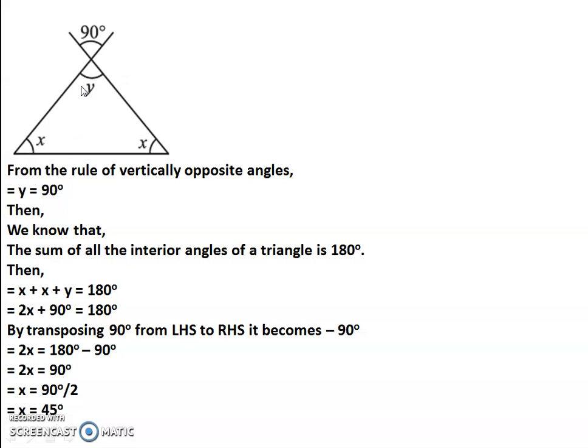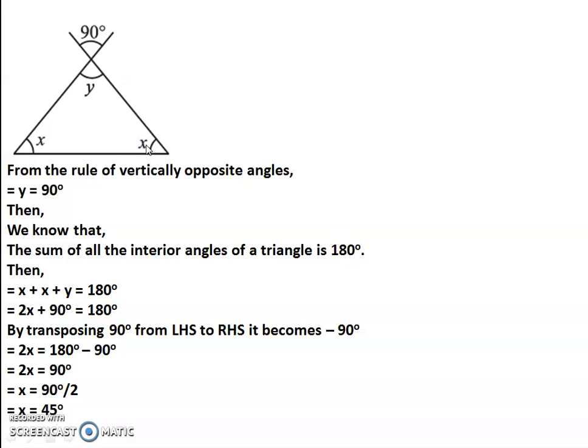Now, here you have y equal to 90 degree. Now, using the angle sum property of triangles. What is the angle sum property of triangles? The sum of all the interior angles of a triangle is 180 degree.